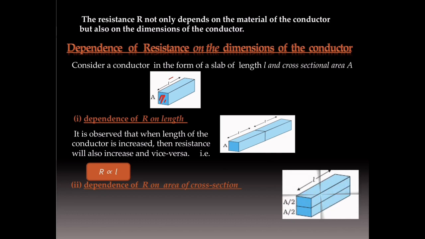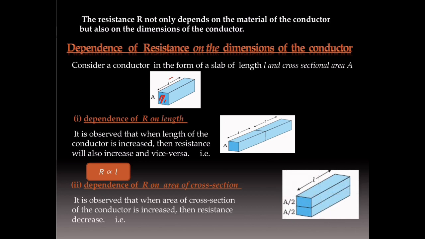If we change the area of cross section of the conductor, then resistance is inversely proportional to the area of cross section. So R is proportional to 1 by A. If we increase the area of cross section, then R will decrease and vice versa.